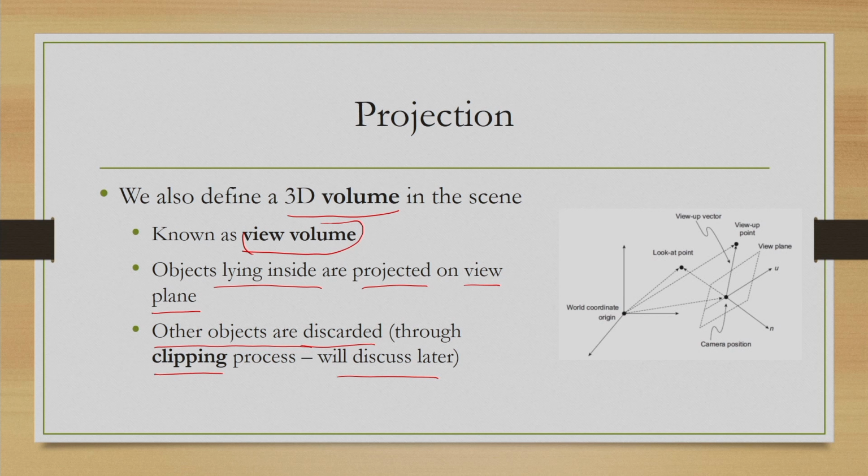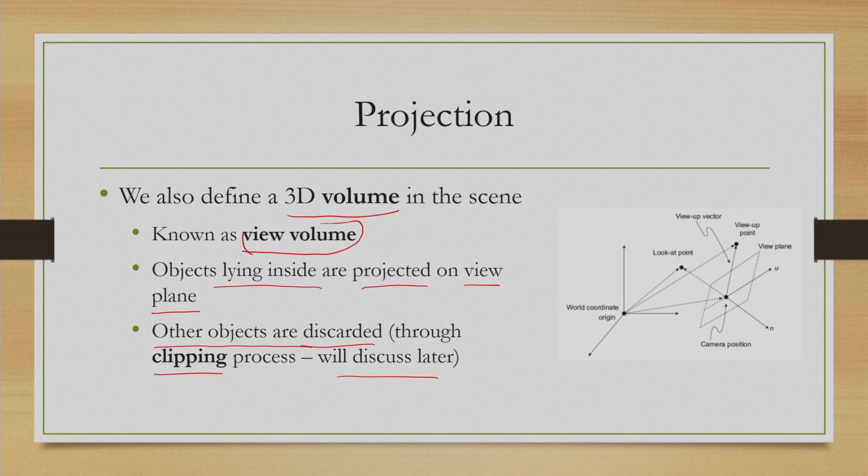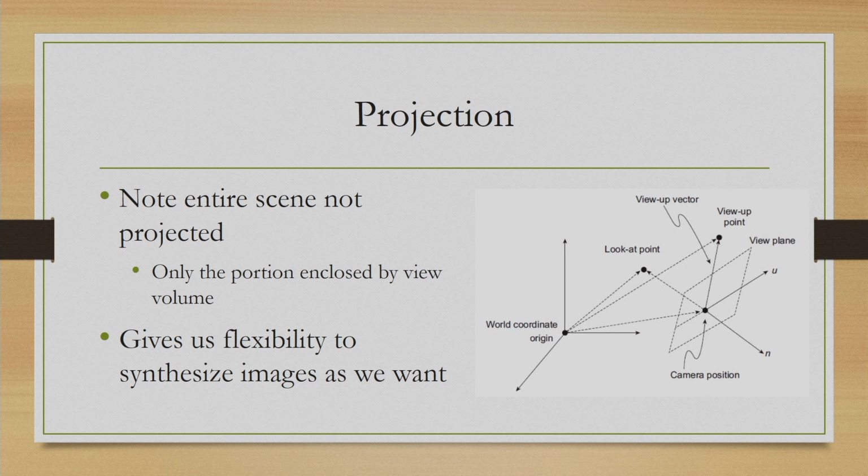Whatever objects are inside this view volume are projected onto this clipping window on the view plane, and whatever lies outside the volume are discarded through a process called clipping. The point to be noted here is that the entire scene is not projected. Instead, only a portion enclosed by the view volume is projected.